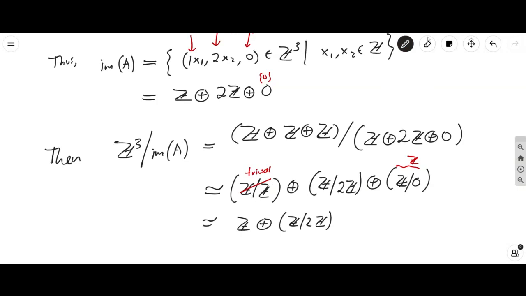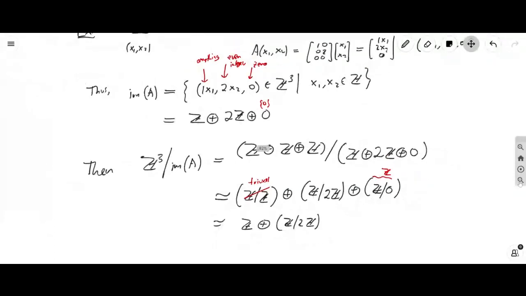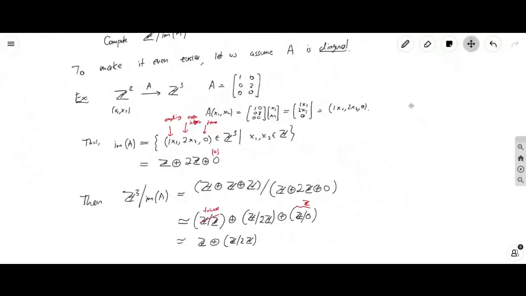So that is the co-kernel: if you mod out by the image, this is what you end up getting. Basically, you can see what's going on if you zoom out and look at the numbers on the diagonal. You have 1 and 2. When you mod out by 1, that gives you the trivial factor.